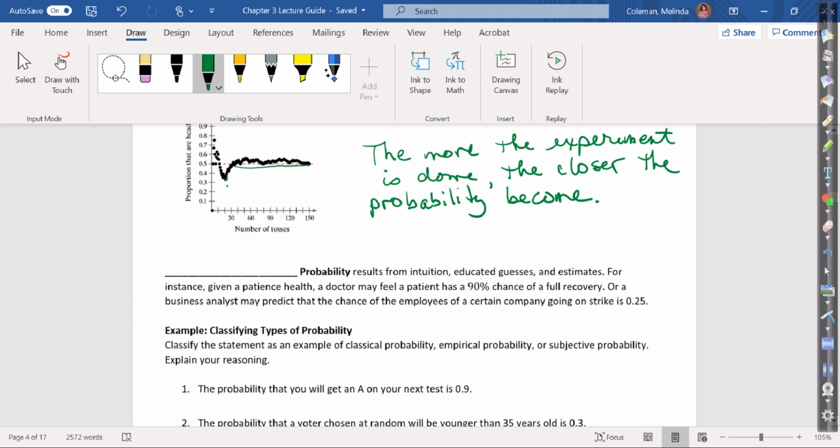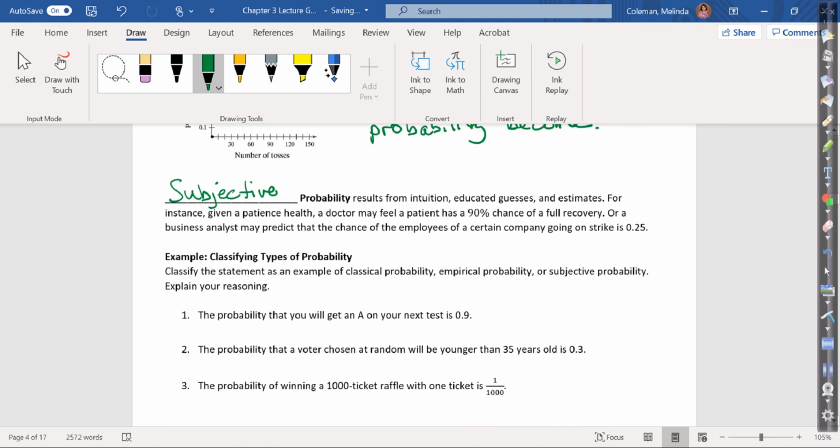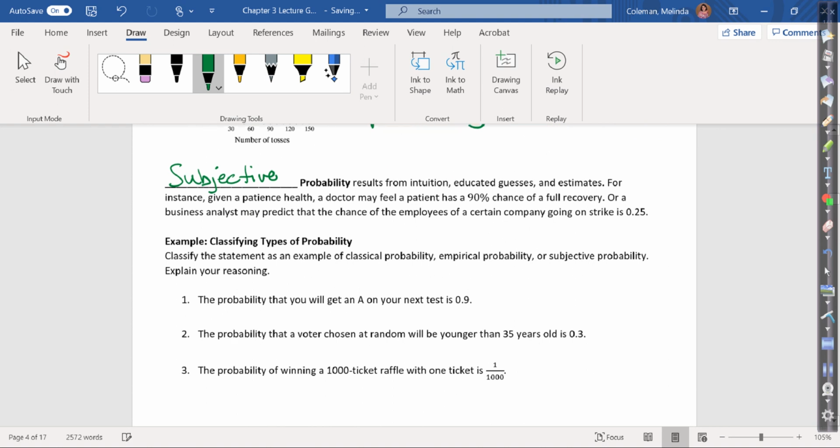So the next type of probability is called subjective probability. This is a result of intuition, an educated guess, maybe estimates. This is where we often talk about a patient's health. A doctor says you have a 90% chance of full recovery.